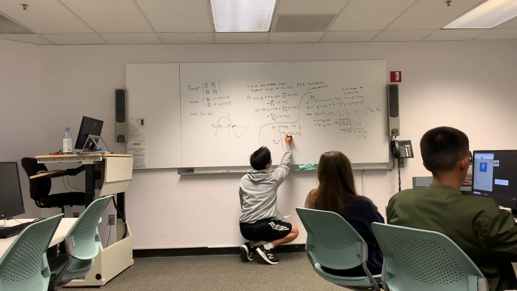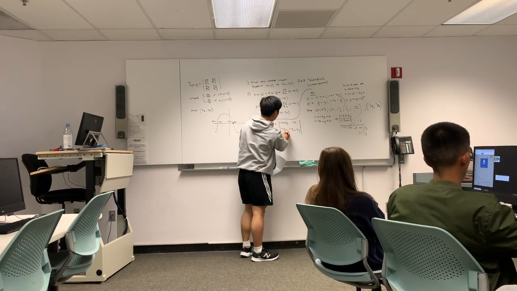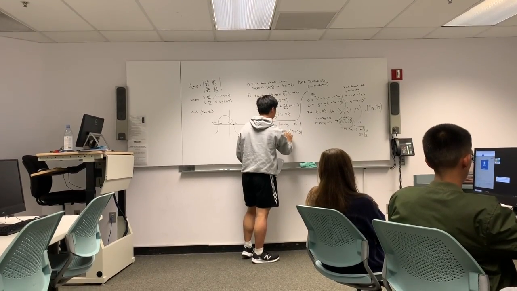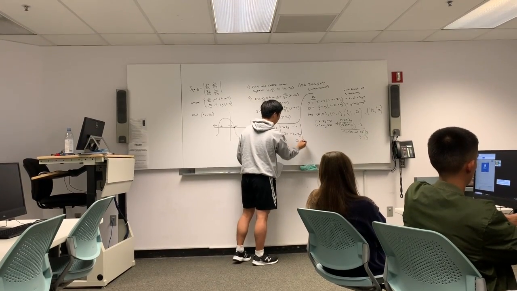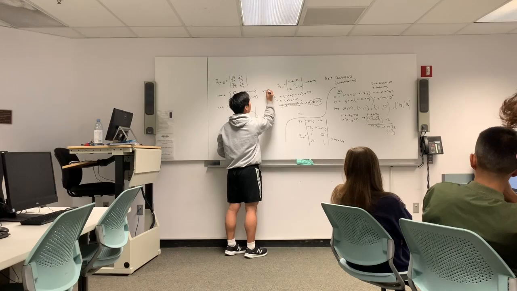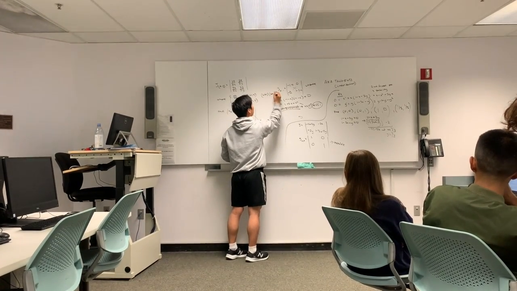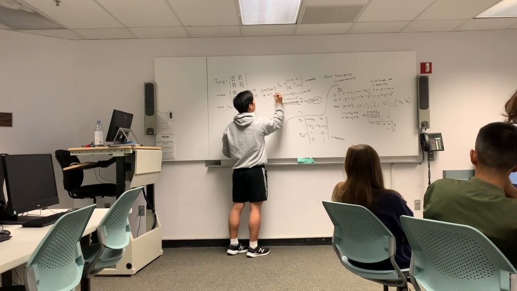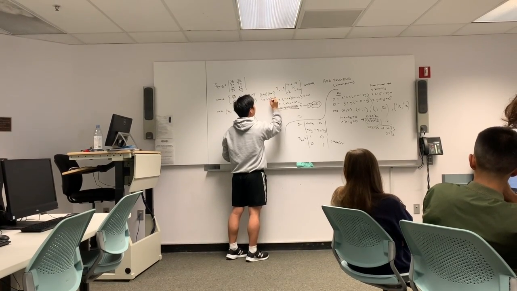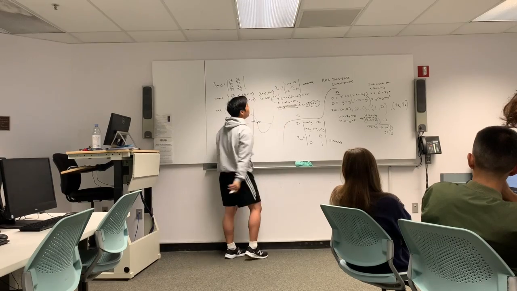Yeah, maybe 2y, or 2x. This would be 0, this would be 0, and this would be 1. Lambda plus 1, lambda plus 1, which means it's going to be lambda minus 1, and lambda is equal to negative 1, and lambda is equal to negative 1.